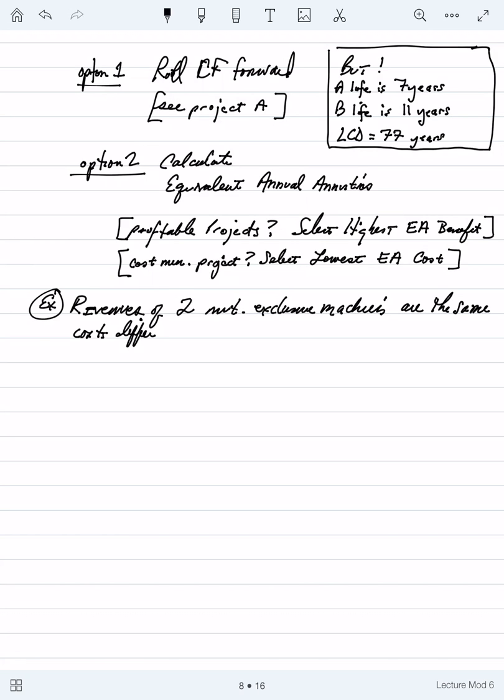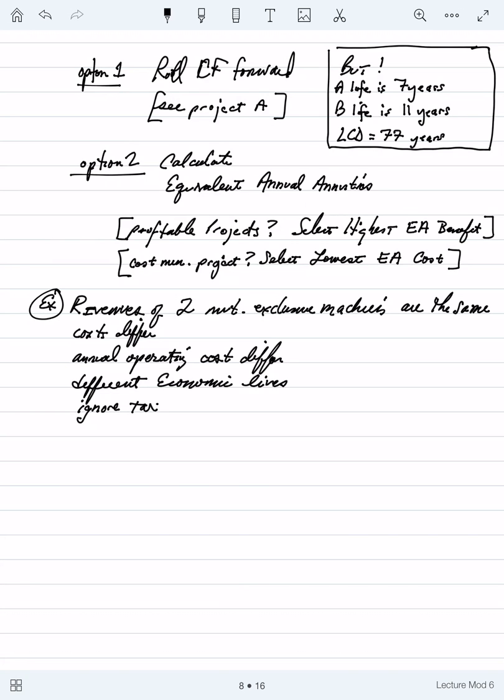We'll also say their annual operating costs are different, which is fairly possible, and we'll assume that the machines have different economic lives. And just for now, we'll ignore taxes, as a simplifying step so we can focus our attention on this calculation work.